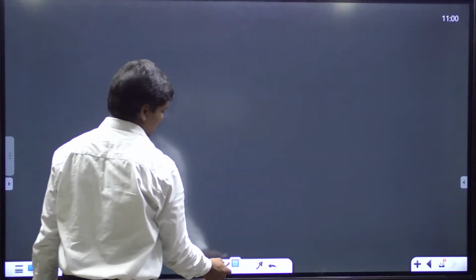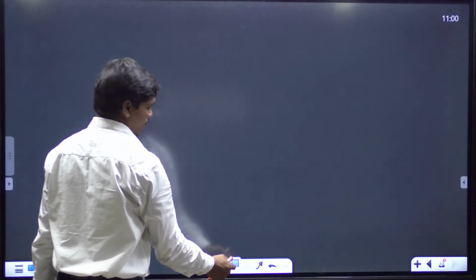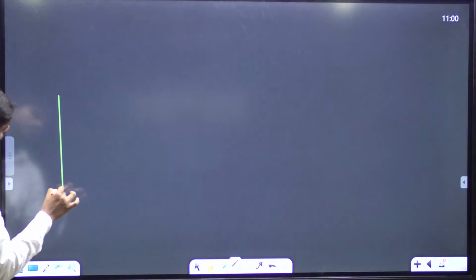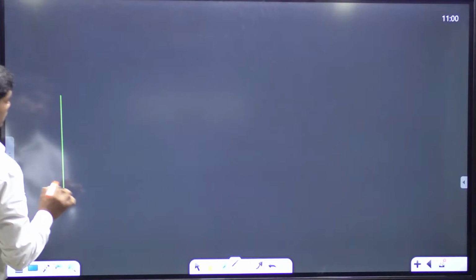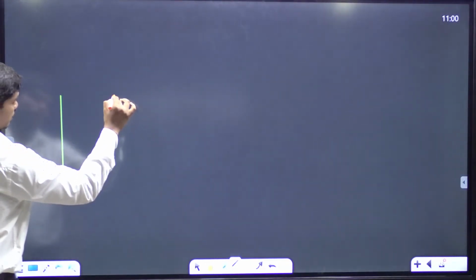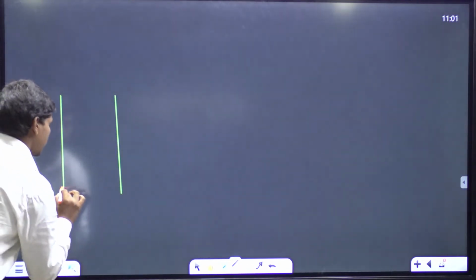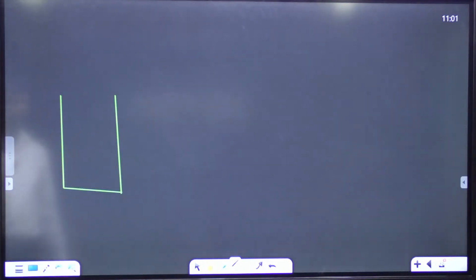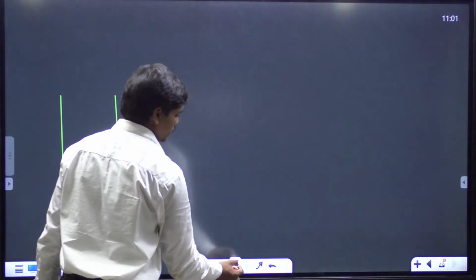This board is, I think, a bit less responsive today. So see here, let us suppose we have a cylinder like this, something like this. Next, let us suppose you have another line like this, and there is a piston like this. Now in this cylinder, let us suppose there is a piston for you.